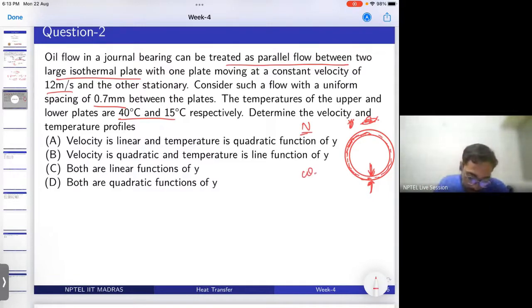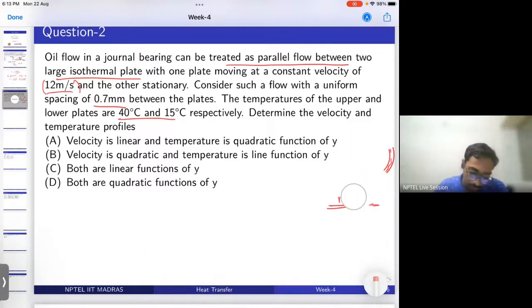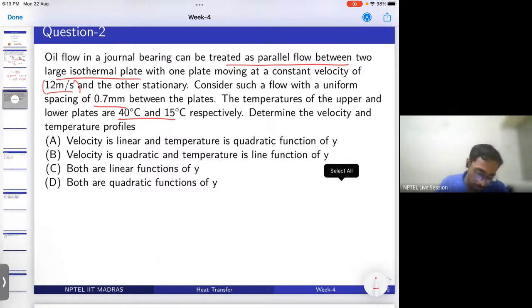We know omega is equal to 2 pi N by 60, so we can take this velocity as v equal to r omega, where the radius of the shaft will also be given. So without directly giving this constant velocity, the questions can be asked like this also. But in this question, the velocity of the plate is directly given. So we are approximating that situation as a flow over a flat plate. Sorry, the flow between two parallel plates.